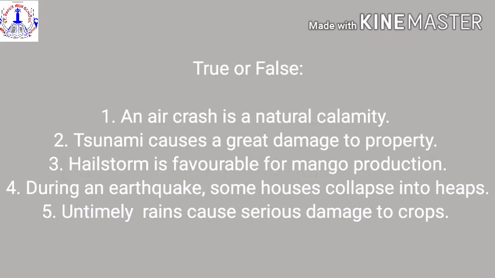Number 2. Tsunami causes a great damage to property. Number 3. Hailstorm is favorable for mango production. Number 4. During an earthquake, some houses collapse into heaps. Number 5. Untimely rains cause serious damage to crops.